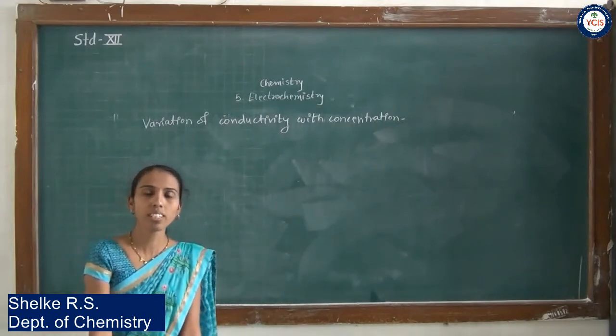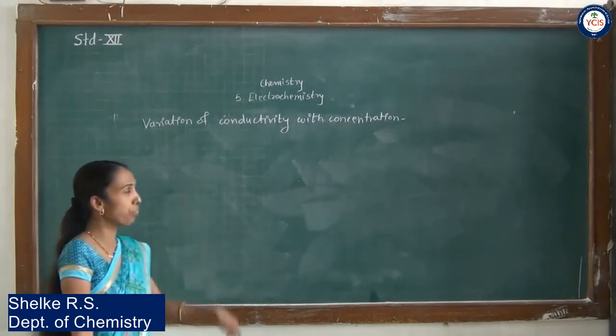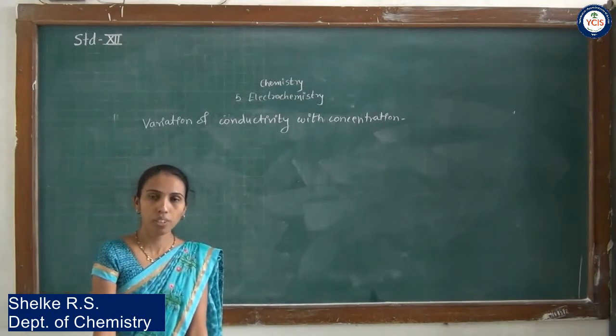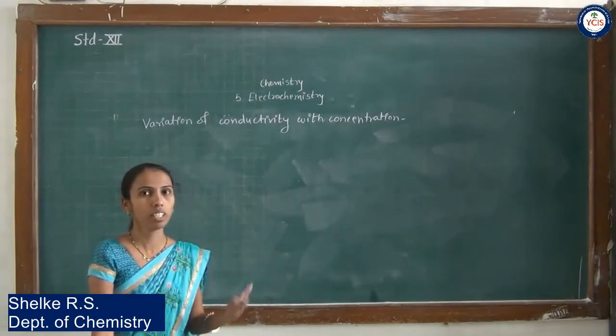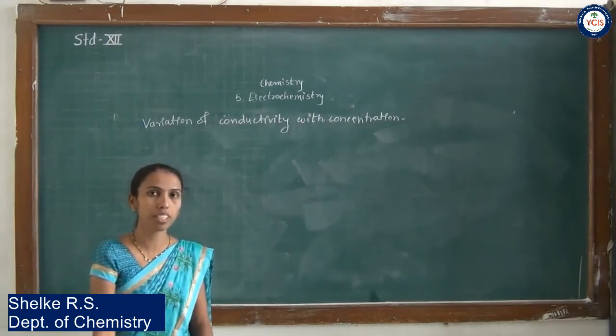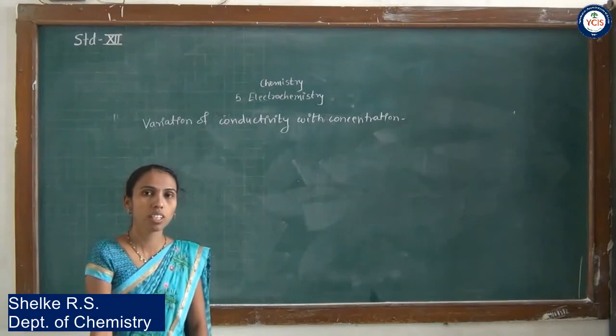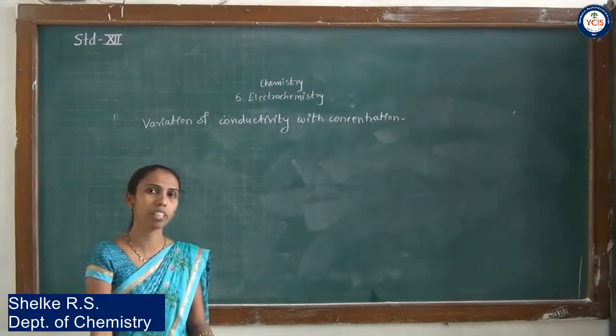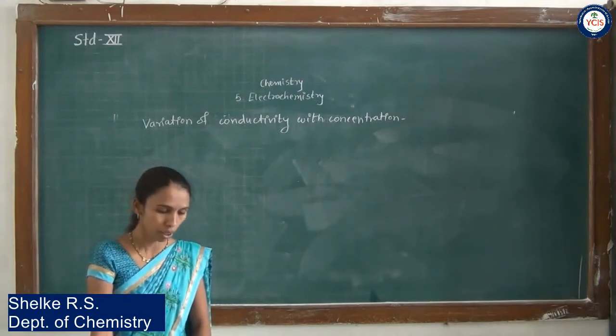Now, while studying the variation of conductivity with concentration, the first point you should know is the definition of conductivity. What is conductivity? We have studied that conductivity is nothing but the conductance of a solution of unit volume. What unit volume is needed? Unit volume is 1 meter cube or 1 centimeter cube.